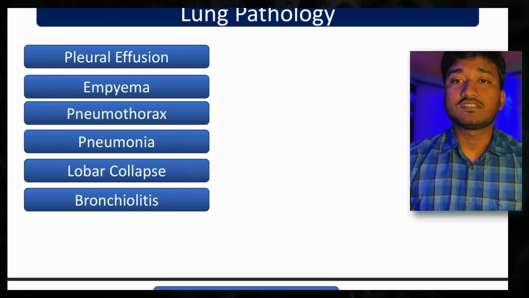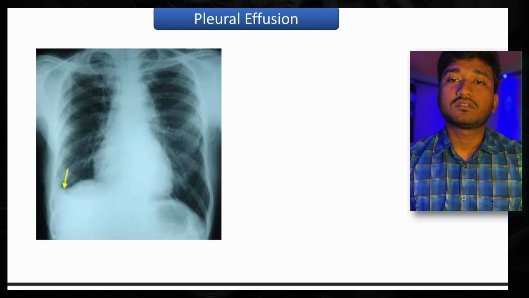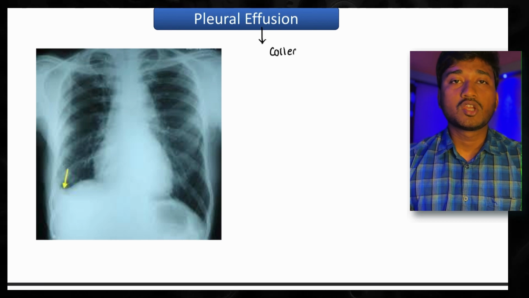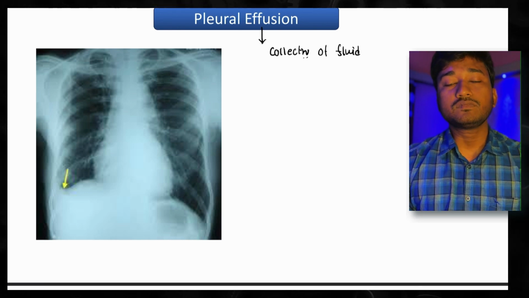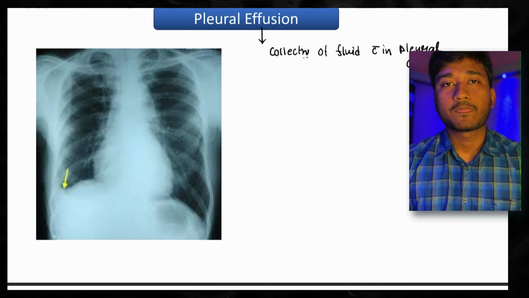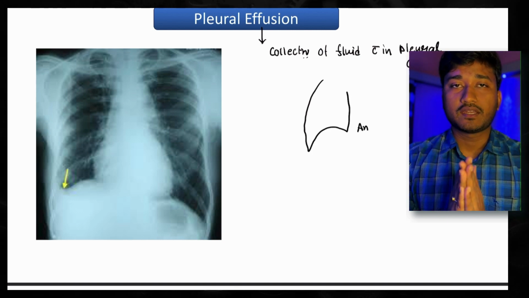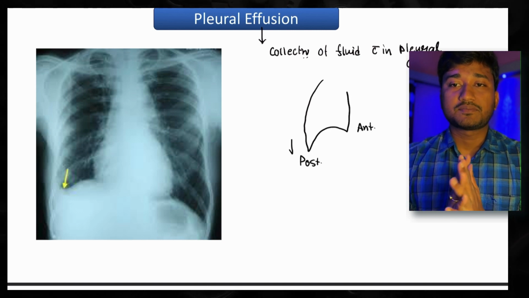So these are the lung pathologies we are going to discuss. What is pleural effusion? Pleural effusion means collection of fluid within the pleural cavity or pleural space, between the visceral pleura and the parietal pleura.